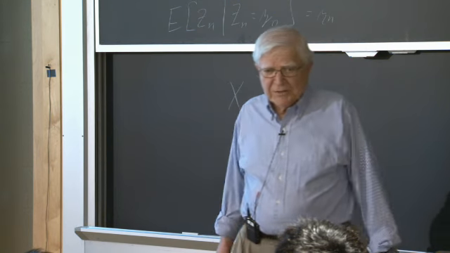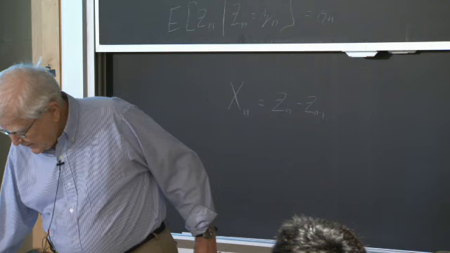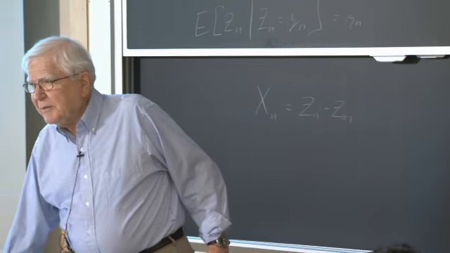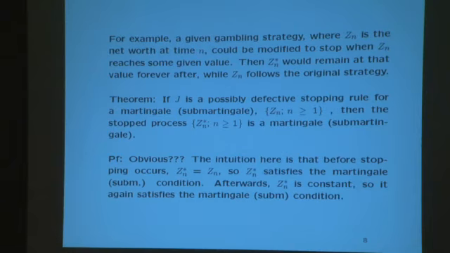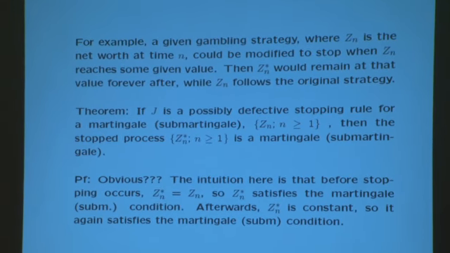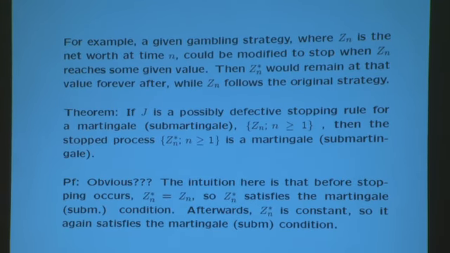The stopped process is still a fair game. And that's sort of as it should be, because if it's a fair game, you should be able to stop. So for example, given a gambling strategy, if Z_n is a net worth at time n, you can modify that to stop when Z_n reaches some given value. So the stopped process remains at that value forever, and Z_n follows the original strategy.